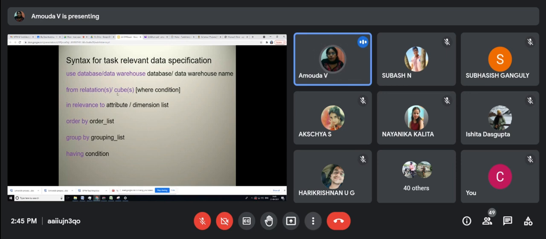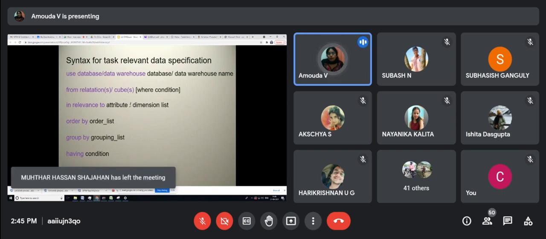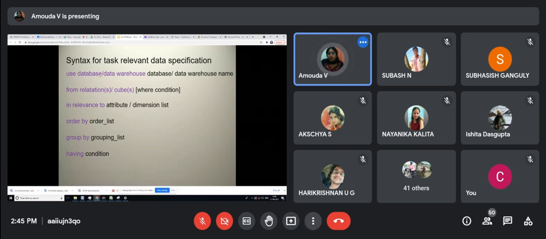From the relation student or from the relation faculty. You have to mention the relation, which table you want to use from this database. In relevance to any attribute specifically, you can give the attribute name also. Here you are using the database name.